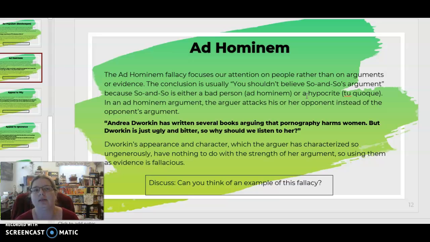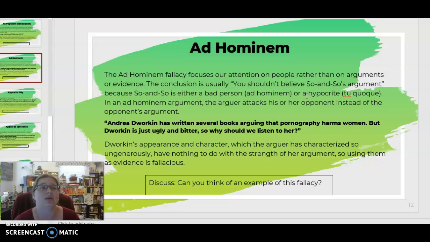Ad hominem is when we are attacking the person who makes the claim instead of attacking the argument itself. For example, President Trump has been our president for the past few years, and if you want to argue with some of his policies or issues, that's fine. That is good critical thinking and logical reasoning.